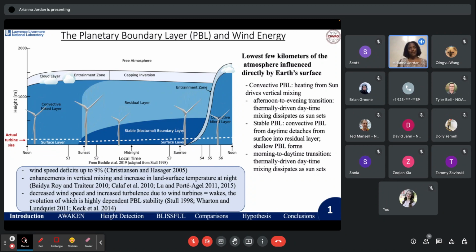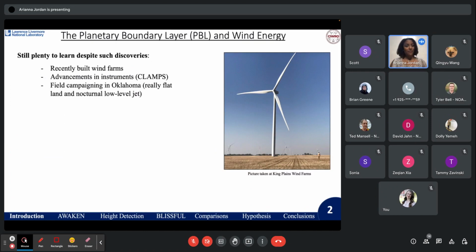The evolution of these wakes is highly dependent on the boundary layer stability. These studies have come from wind tunnel experiments, field campaigns, or large eddy simulations. So there's been a lot of work done on wind turbines, but there's still a lot that we don't really understand about them. There's still plenty to learn going forward.